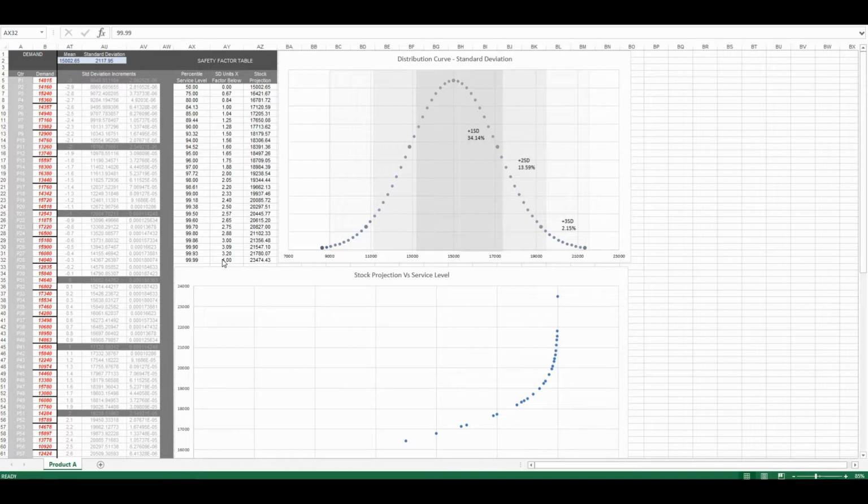For instance, it doesn't take any account of something like trend or seasonality. And it doesn't take into account service level from production, service level from suppliers, or lead time from production and suppliers, so it discounts those.